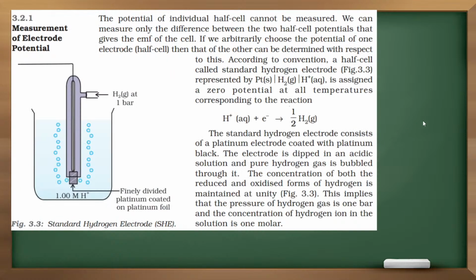So now next is measurement of electrode potential. Potential of an individual half cell we cannot measure.